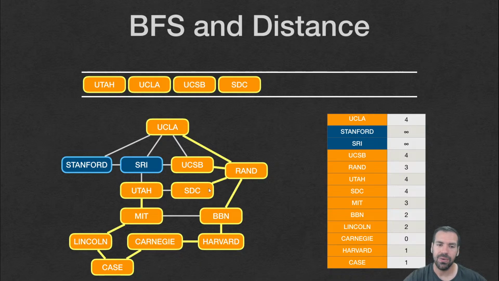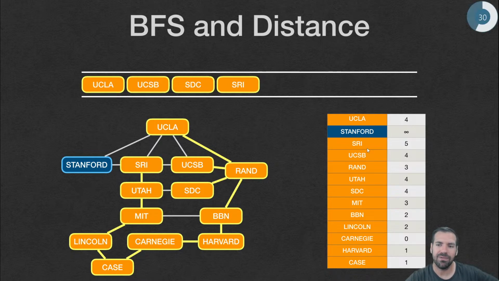And then we enqueued all of the nodes of distance 4. That's what we have right here. We've enqueued all of them before we enqueue any node of distance 5. So next we're going to DQ Utah and get SRI with distance 5. And since we've enqueued a node of distance 5, we know that we're done exploring nodes of distance 4.